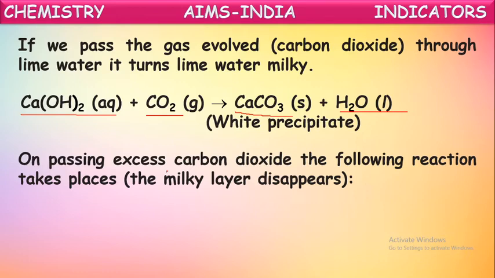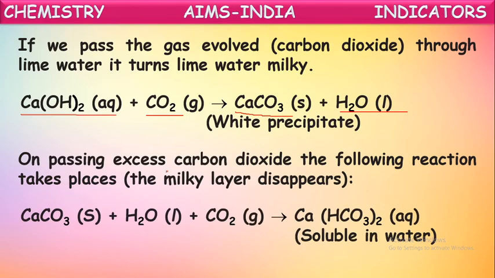reaction takes place. By that, the milky layer formed first will disappear. Why? Because if we pass carbon dioxide continuously onto this calcium hydroxide solution on which a milky layer is already formed, this milky layer reacts further with carbon dioxide in the presence of water and forms calcium hydrogen carbonate, which is also called calcium bicarbonate.